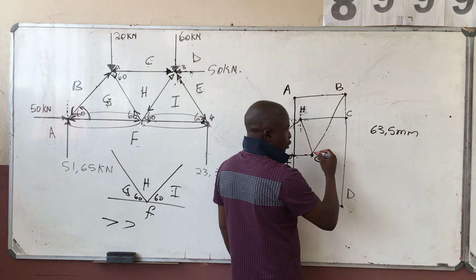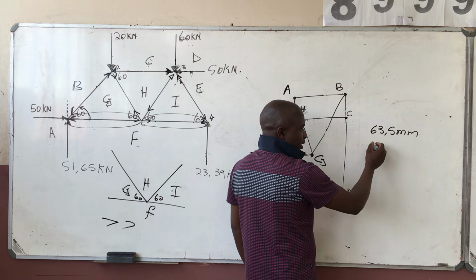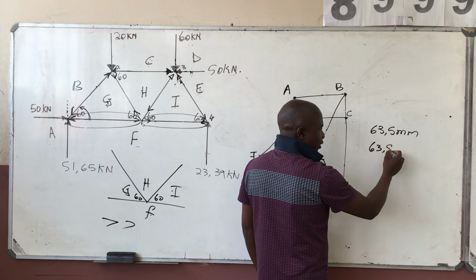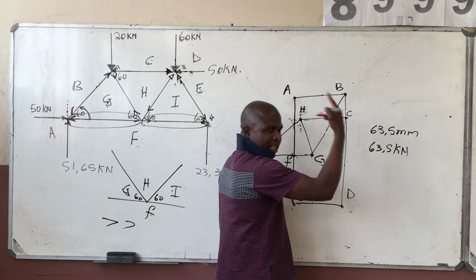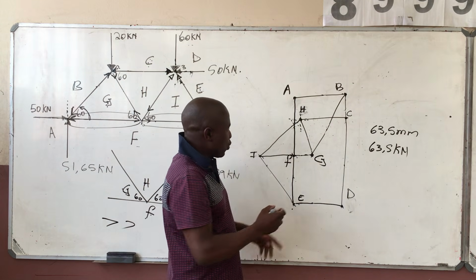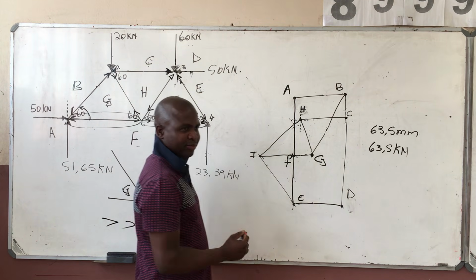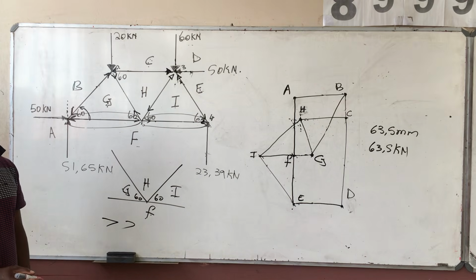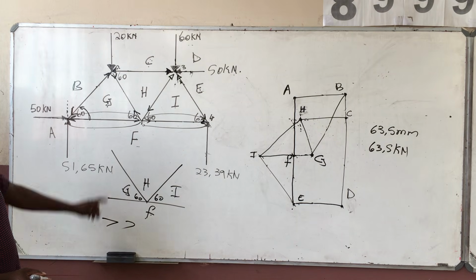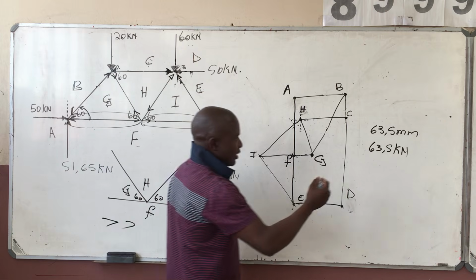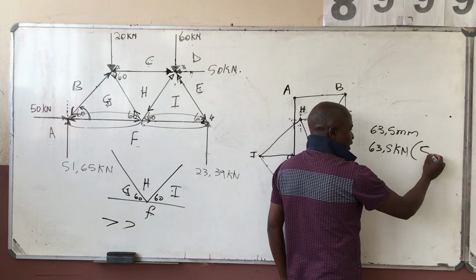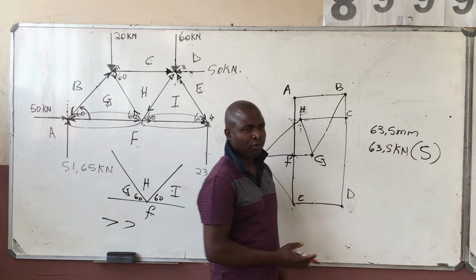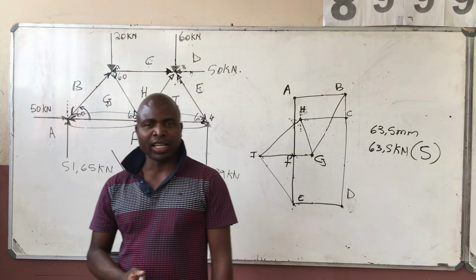What will be the magnitude of BG? 63.5 kilonewton because of our initial scale. So what is the nature of BG? Extract. Meaning in the brackets here, you will indicate S, or you write in full, extract. Then you are done.